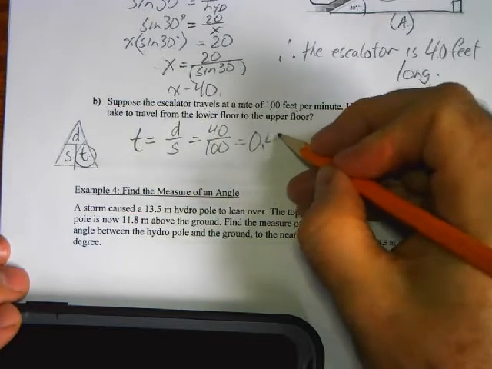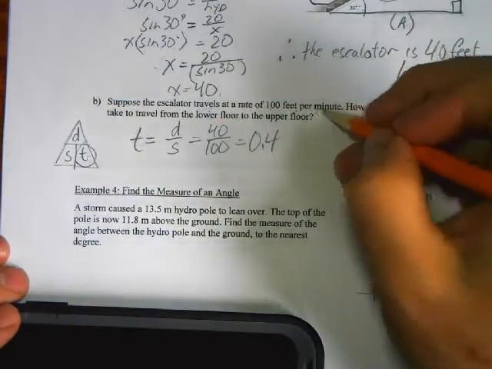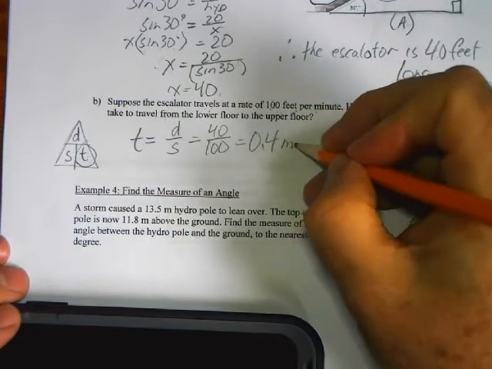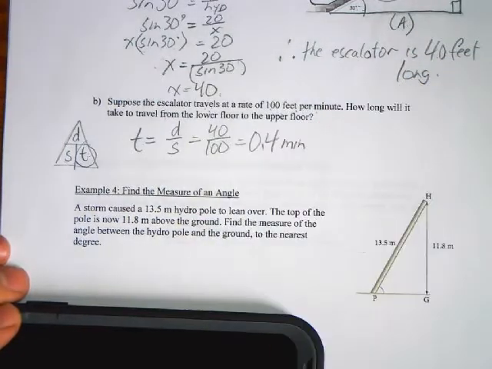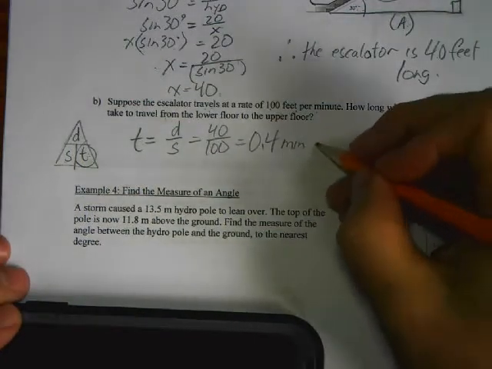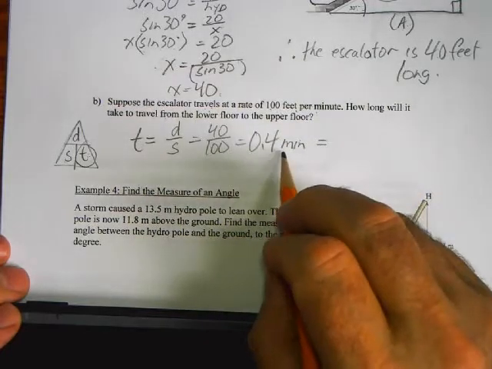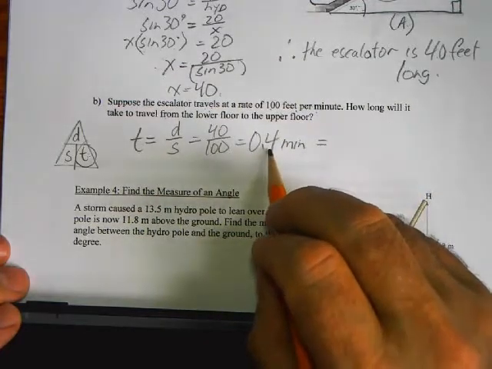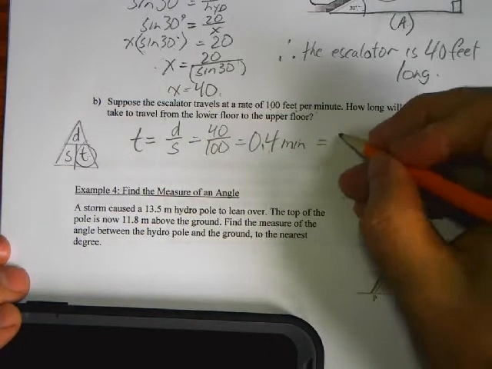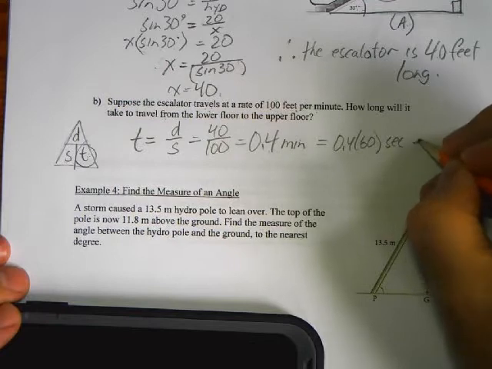Now what are the units for this? Well, the time is in minutes because it's 100 feet per minute. So 0.4 minutes. Now, if you want to calculate that in seconds, there's 60 seconds in a minute, so you'd multiply 0.4 times 60 to get the number of seconds, and that works out to 24 seconds.